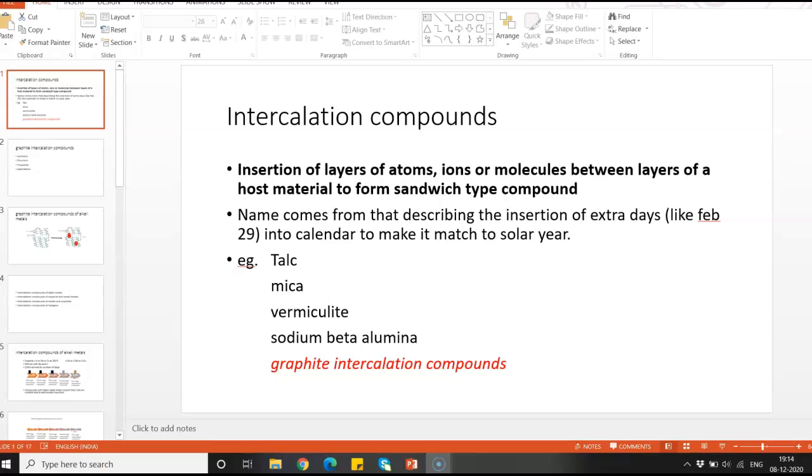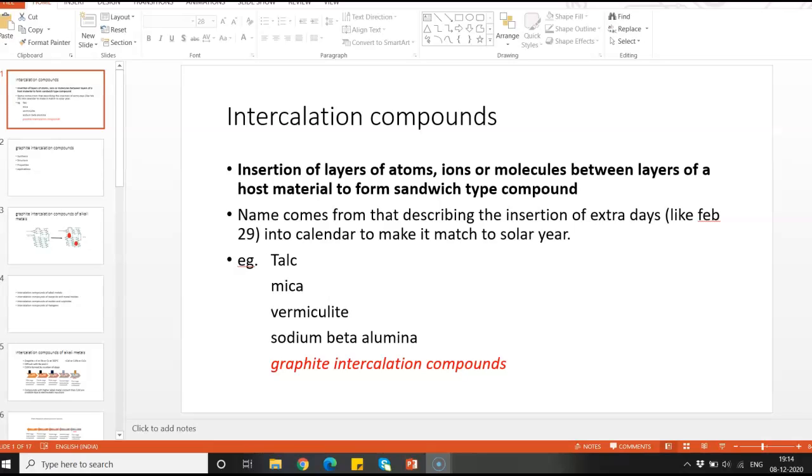If you are trying to imagine this, it would be very interesting, because the formation of intercalation compounds can be compared to the formation of a sandwich or a burger. In between two similar layers of bread, you apply a particular kind of mixture in order to make a sandwich.